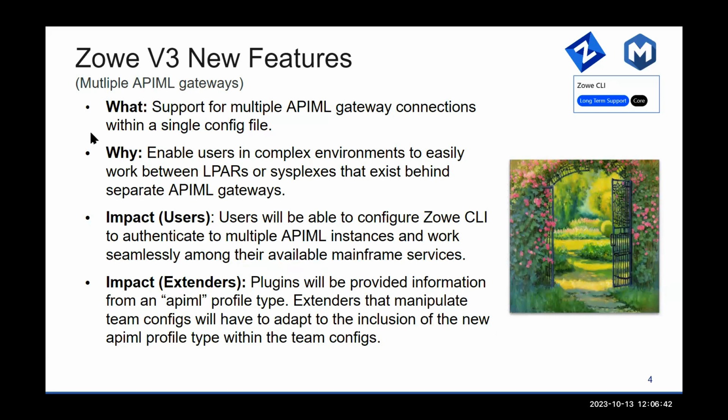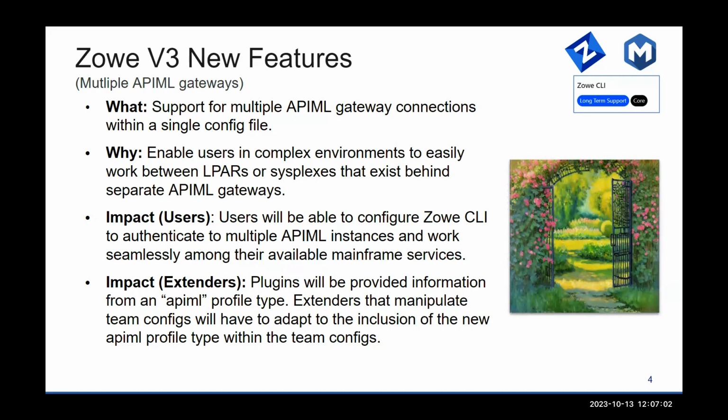First new feature will be support for multiple API-ML gateways. When we talk about this, we're talking about allowing a user to have multiple API-ML gateway connections within a single team config file. And why would we want to do this?